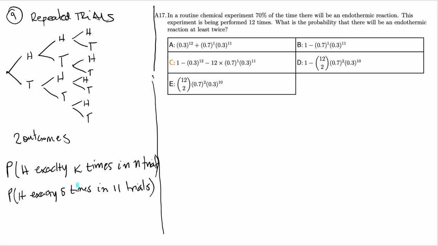So the probability that you're calculating with this formula is the probability of finding something exactly a number of times, right? So in this case, if you're trying to find heads, let's not say 5. Let's make it 2 just to be easier. This means that you will have lots of possibilities.